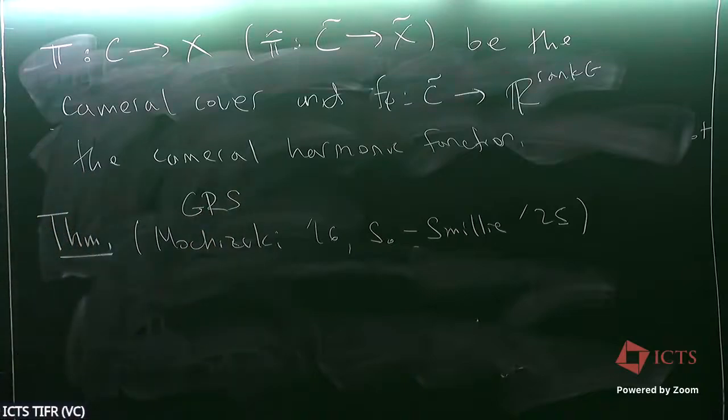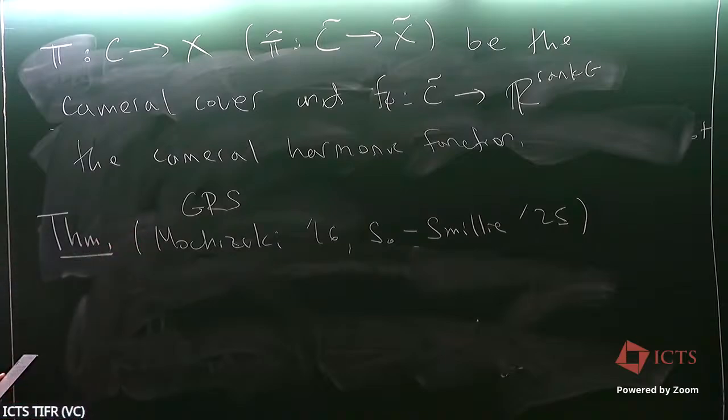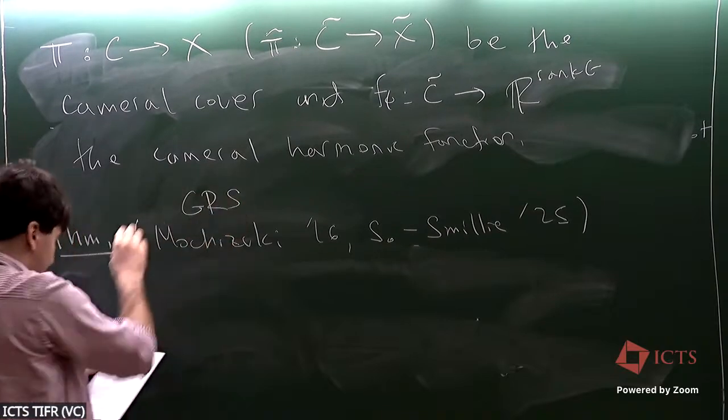So he wrote a fairly influential paper about solutions to the self-duality equations for certain harmonic bundles. And he doesn't write much about the geometry of harmonic maps, but if you plug in his analysis, you get the result that I'm going to write in.